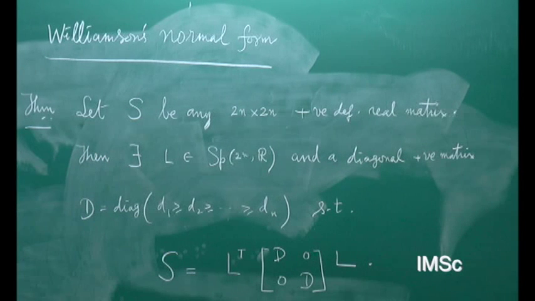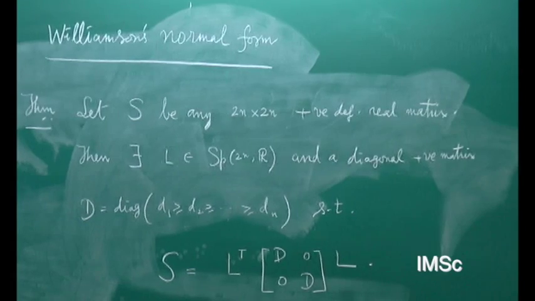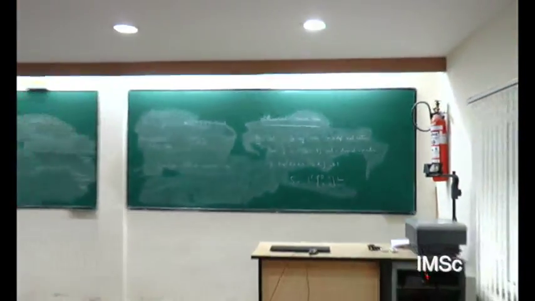Now, suppose S is a Gaussian covariance matrix.